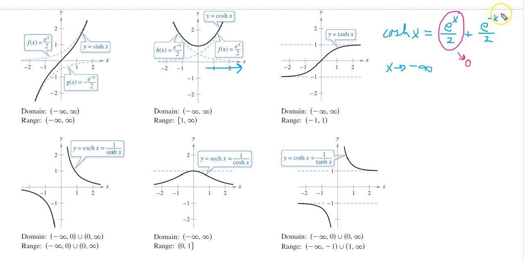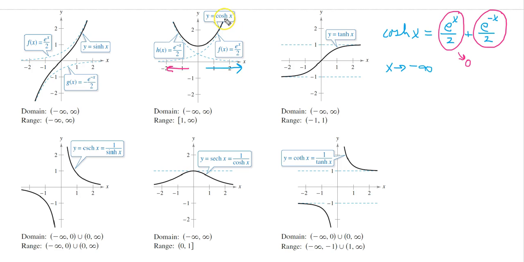And the graph of Cosh will become more like the graph of e to the negative x over 2. And so as we move towards negative infinity, the graph of Cosh begins to hug this dotted curve right here, which is e to the negative x over 2. That's this one right here.